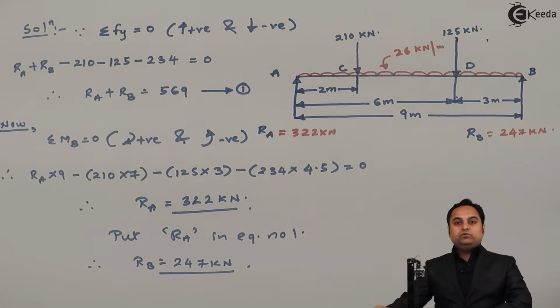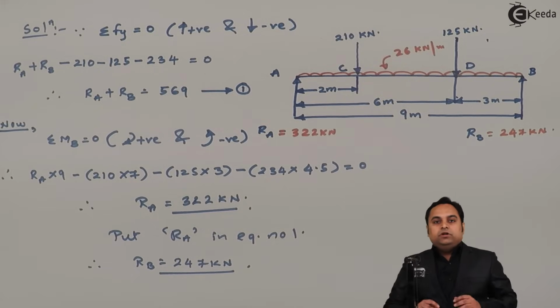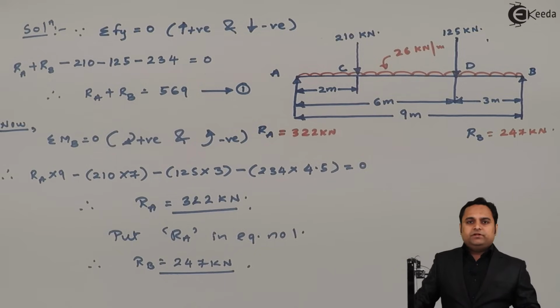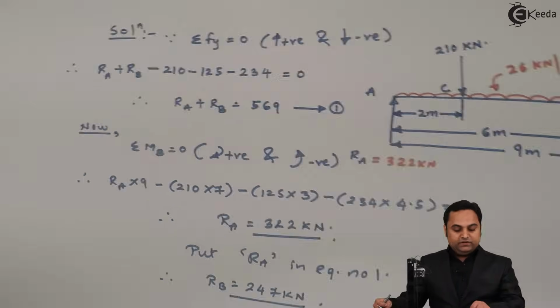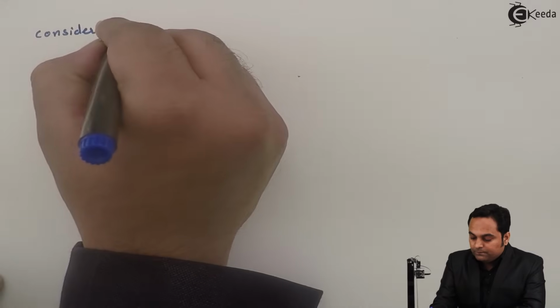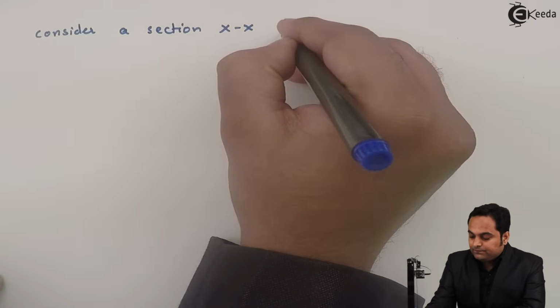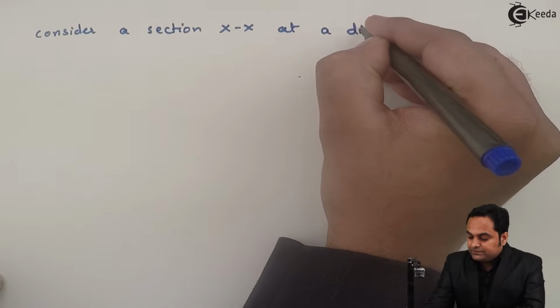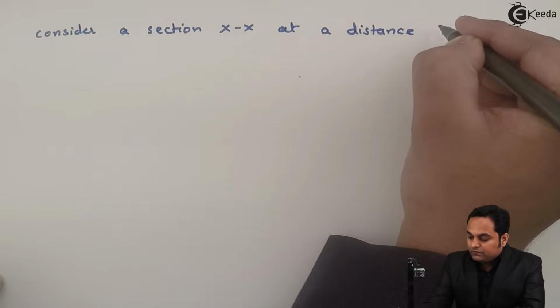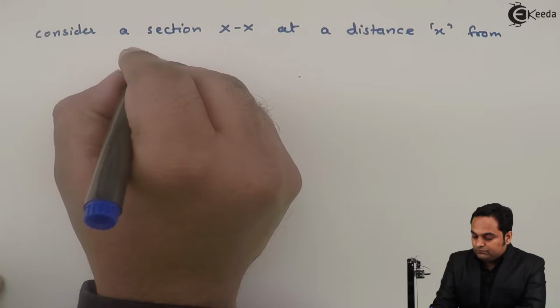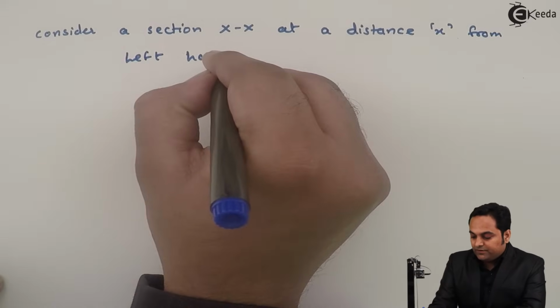Now once I have found the support reactions, now we have to solve this problem by using the double integration method, and for that here I'll say that consider a section XX at a distance small x from left hand support.